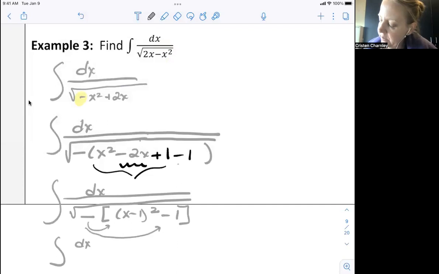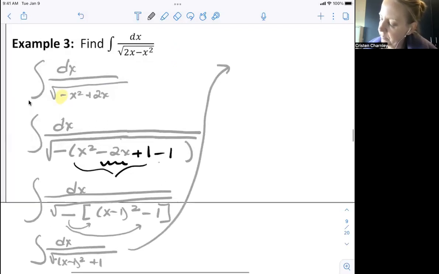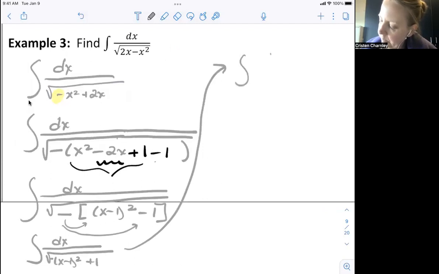So I have dx over the square root of negative x minus 1 squared plus 1. And if I switch the order of that, dx over the square root of 1 minus x minus 1 squared.